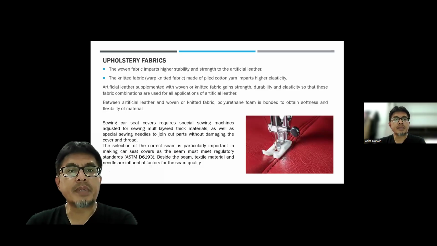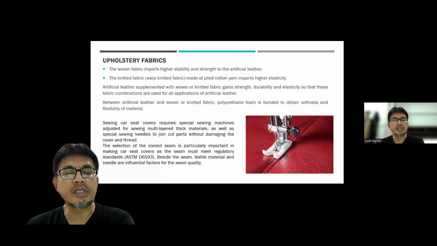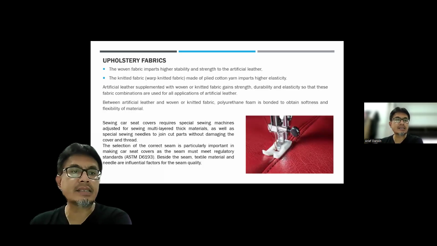The woven fabric imparts higher stability and strength to the artificial leather, and the knit fabric in this case is a warp knit fabric made of bright cotton yarns, which imparts higher elasticity.